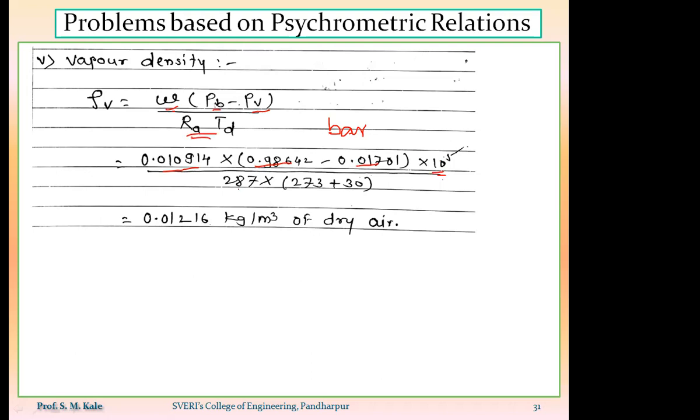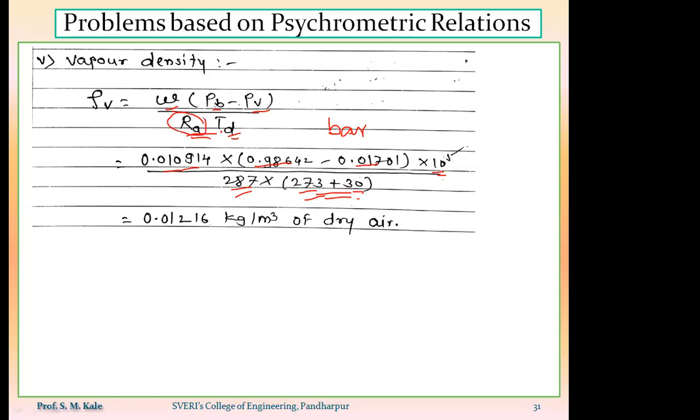RA किती घ्यायचा आहे आपल्याला 287 घ्यायचा आहे. आणि TD म्हणजे काय ट्रायबल टेम्परेचर इन केल्विन आहे कॅपिटल T आहे. सो 273 प्लस ट्रायबल टेम्परेचर किती 30 आहे. So this conversion factor is very much important. If you take the value of TD in terms of degree centigrade, your answer will be wrong.